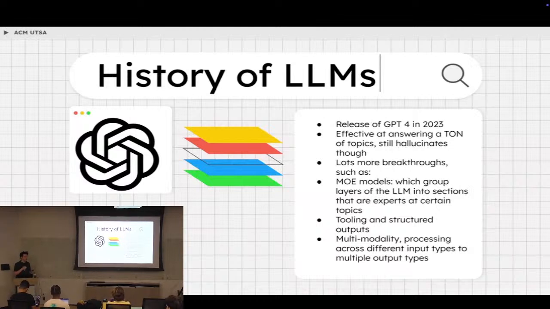Tooling lets these models talk to your own services, so things like a database or an API layer, so that they can integrate more closely into your products instead of you just having to send text to them and get text back. And also things like structured outputs, so that you can always guarantee that the model gives you back something like JSON that your code can then consume and do something with.